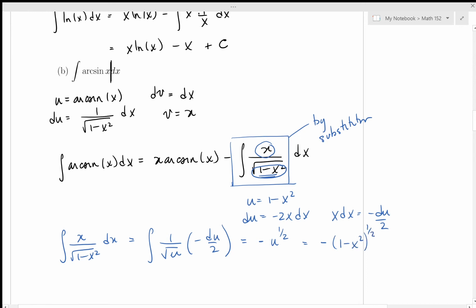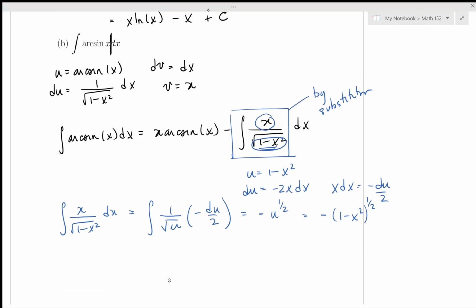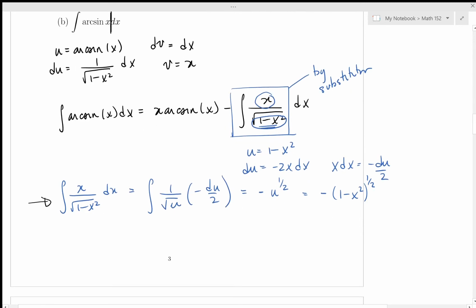So this right here was just calculating that blue boxed integral. Now I can write out the whole thing: the integral of the arc sine of x dx is x arc sine x, and I've got minus minus, so that'll be plus 1 minus x squared to the 1/2, plus a constant.